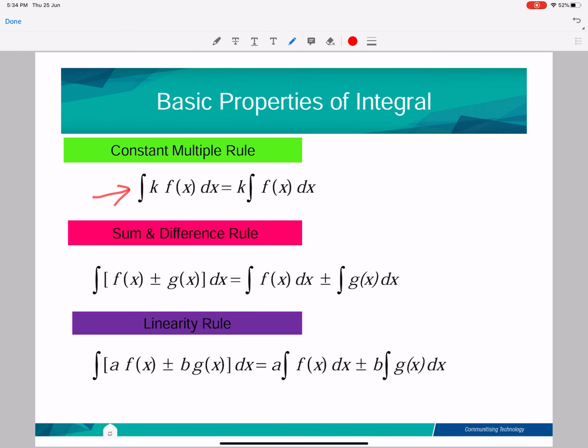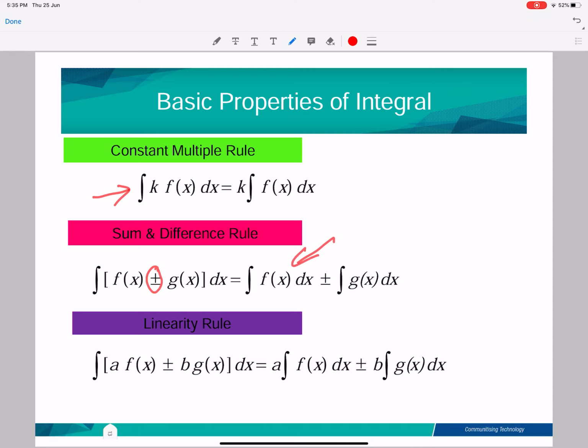Another basic property for integration is the sum and difference rule. Whenever you have the integration of f(x) plus or minus g(x) with respect to x, we can split it into two, as we have here.